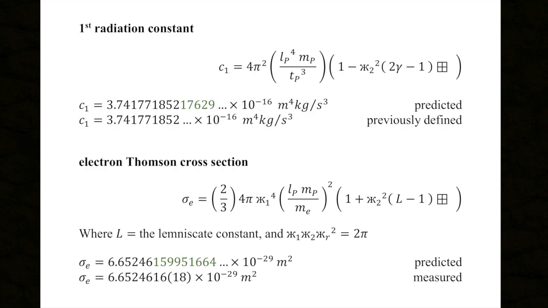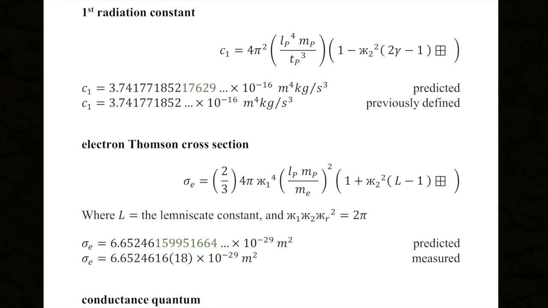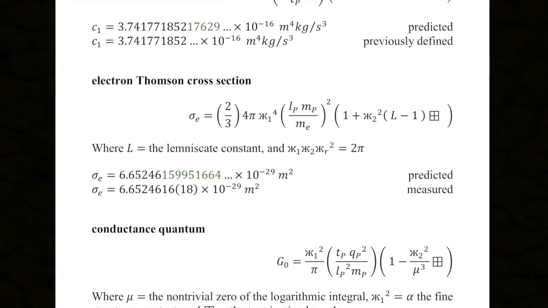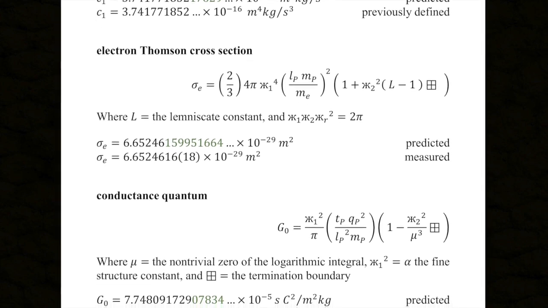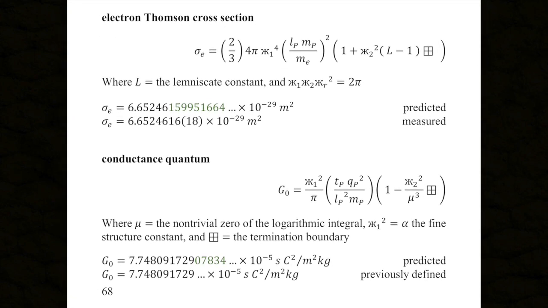And its terminal action also has the G2 squared times by, this time, the lemniscate constant instead of 2 gamma minus 1. The conductance quantum has a primary action of the fine structure constant over pi, and a terminal action of the second fine structure constant over the non-trivial zero of the logarithmic integral cubed.